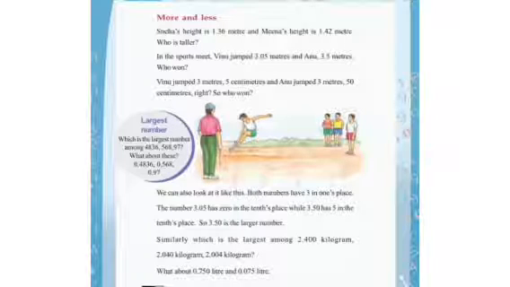Definitely we can say it's 4. 4 is the larger one. So 2.400 kilograms is the larger one. If the tenths place is the same, we check the next place, that is the 1 by 100th place. Then we can definitely say which is larger and which is smaller.